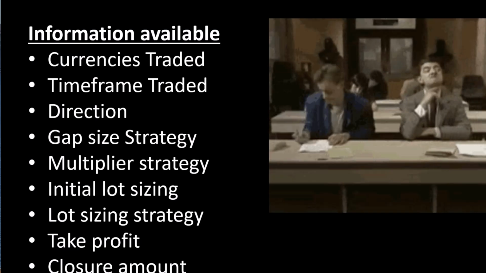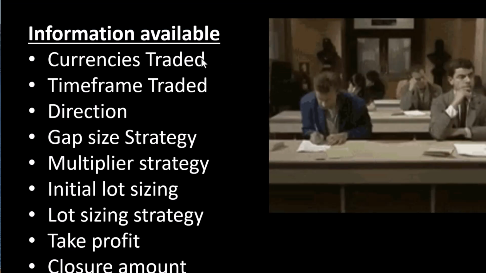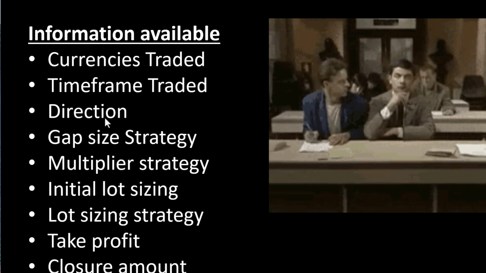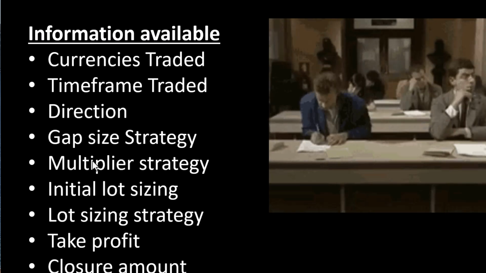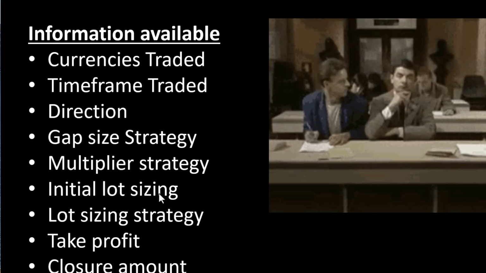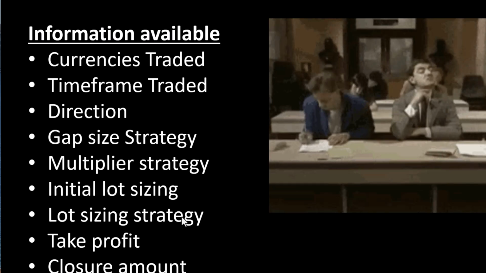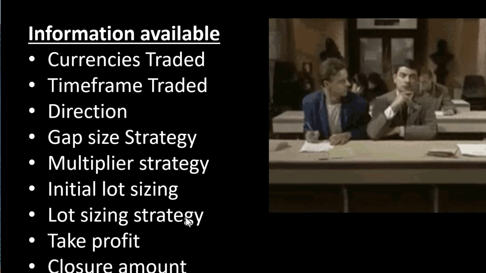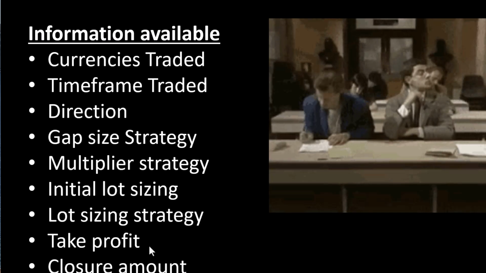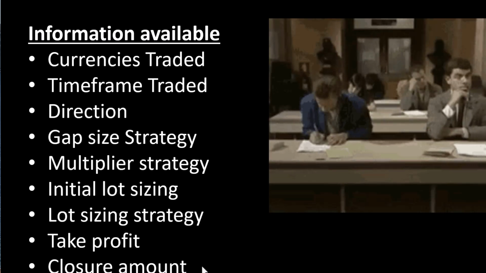So the information that we're going to look for is which currencies are traded, which time frame is traded, which direction is traded, which gap size is traded, what multiplier strategy is being used, what the initial lot sizing is, what the lot sizing strategy is, what take profit is there for successful trades, and what is the closure amount for unsuccessful trades.